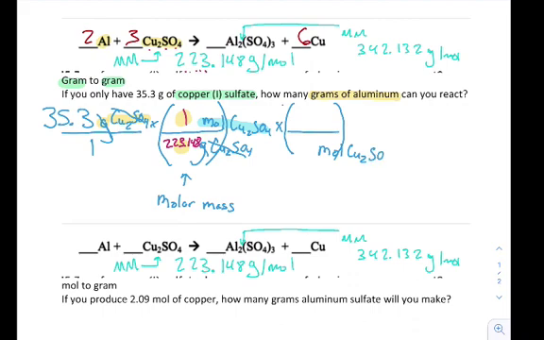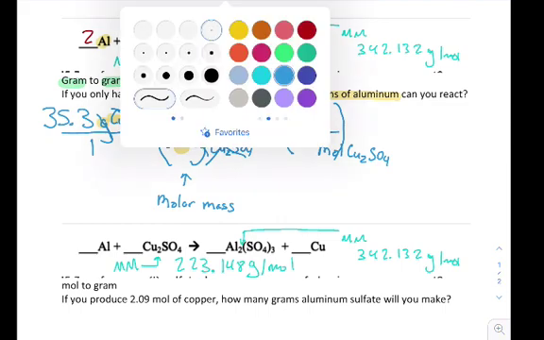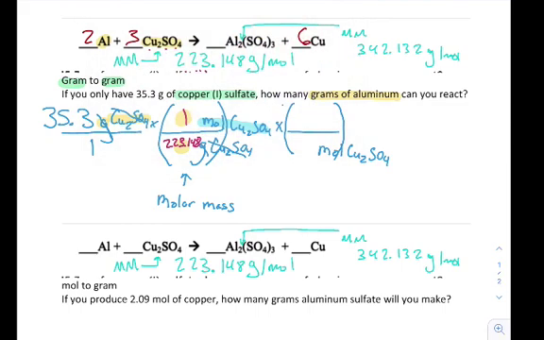What a lot of people tend to do wrong for stoichiometry are two things. They try to make the number before the label, and they try to make the top before the bottom. So when it comes to conversion factors, I would say always work bottom to top, and then also always work label, then number.